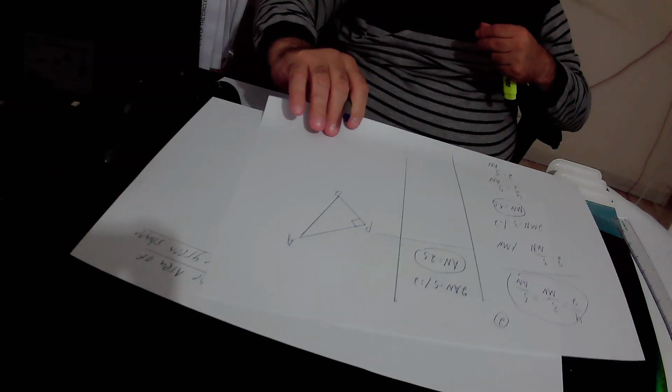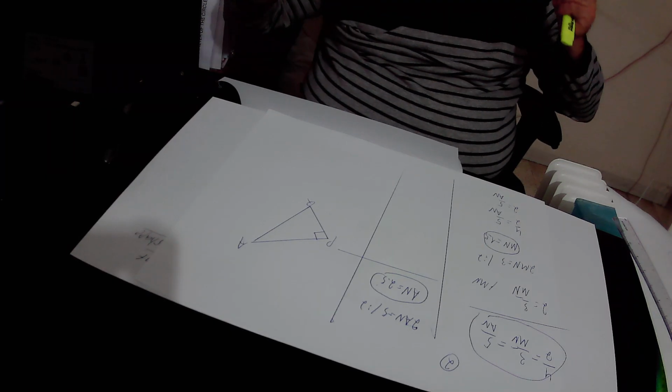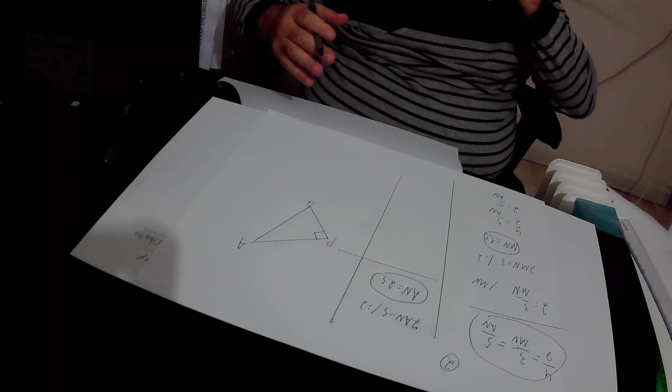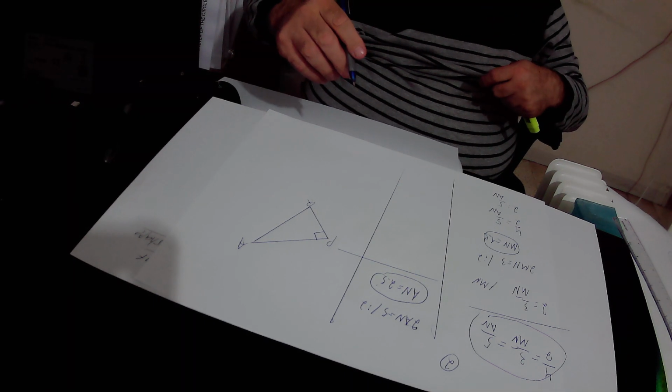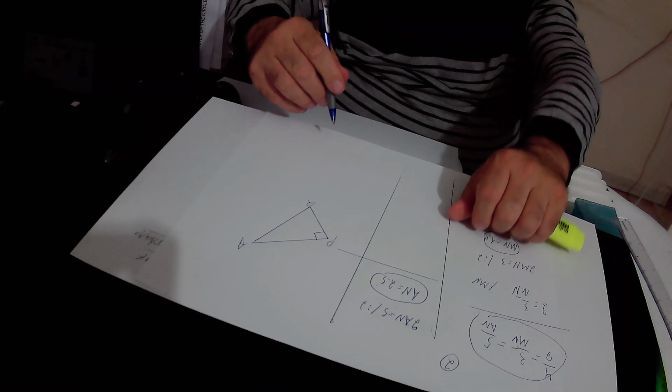This is the right triangle APQ that I copied from the original drawing. We will block the right triangle APQ in a circle.